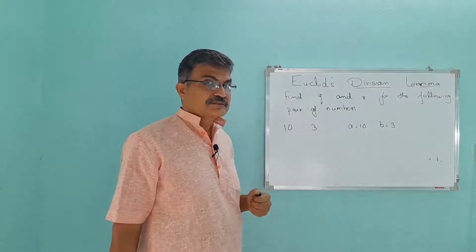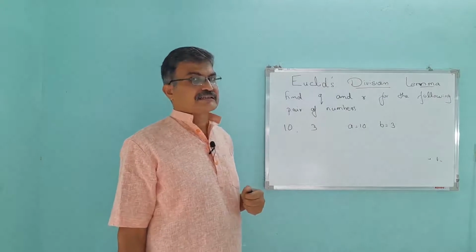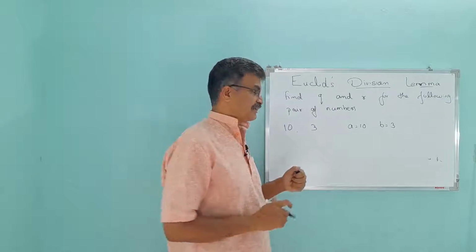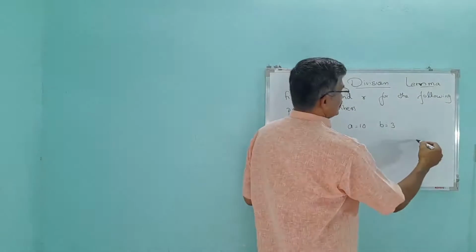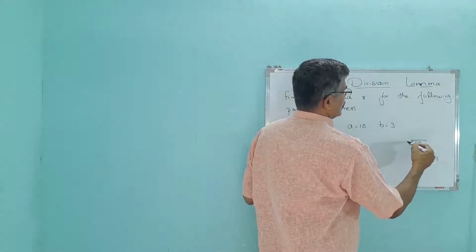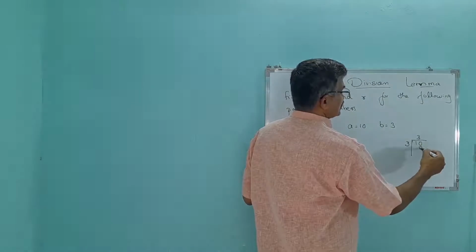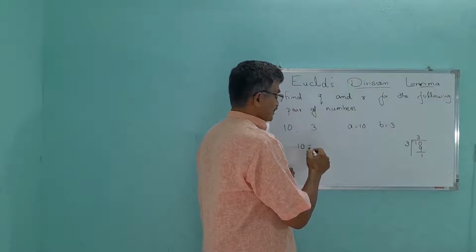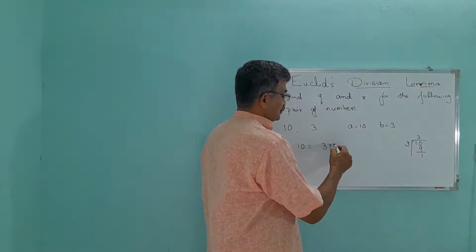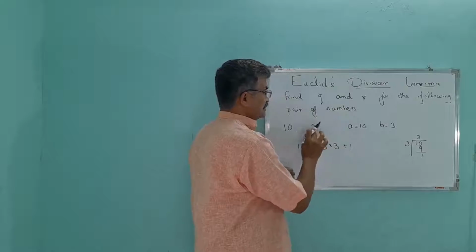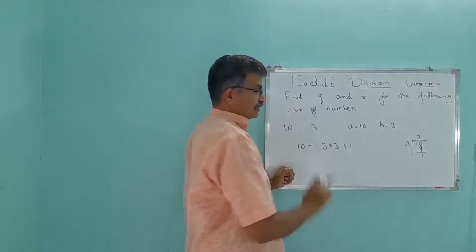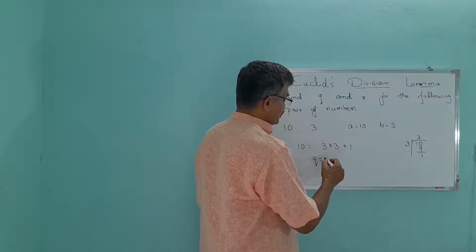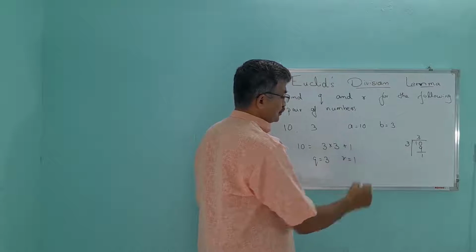We can use the long division method. It is not required, but it is the easiest way to find q and r. 10 divided by 3: 3 times 3 is 9, remainder 1. So 10 is equal to 3 into 3 plus 1. So here q is equal to 3 and r is equal to 1.